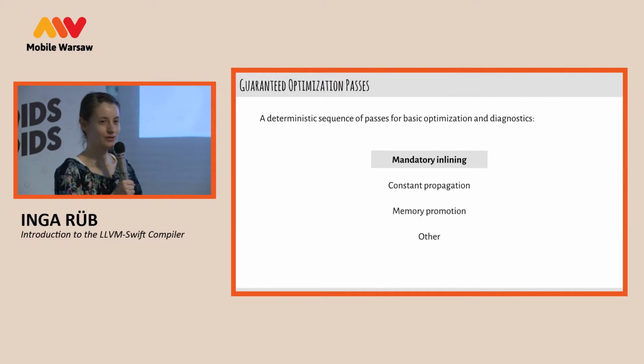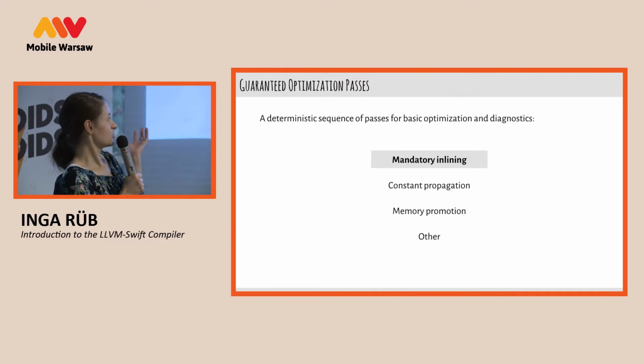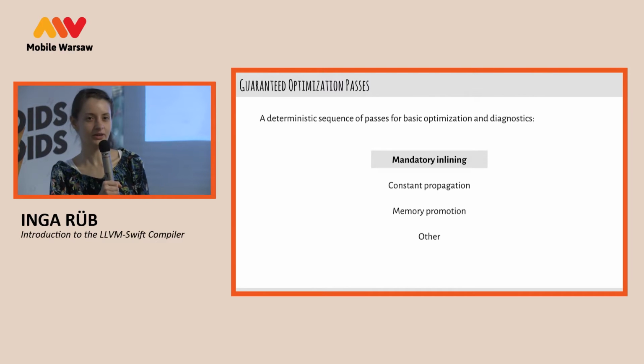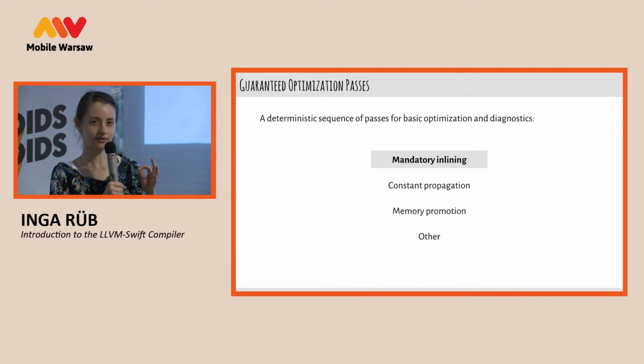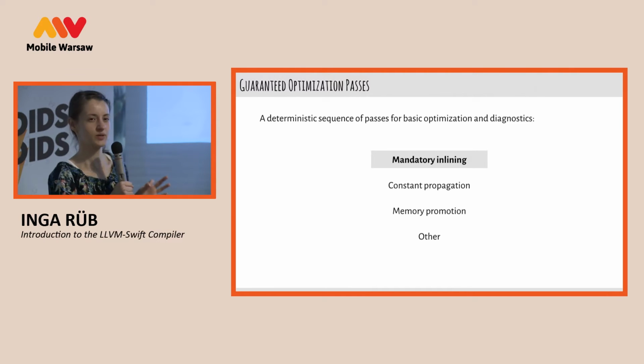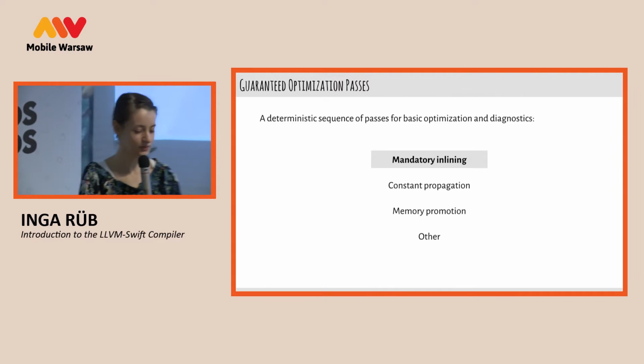Okay, so let's have a look at these basic and guaranteed optimizations. These optimizations are obligatory, and no matter if you have the flag big O or not, these passes just have to be applied to your code. Your code will be modified in this way. And here I enumerated some of the optimizations I would like to talk about.